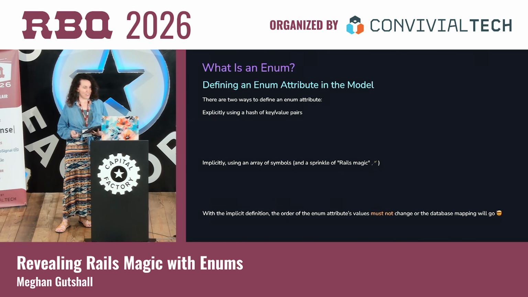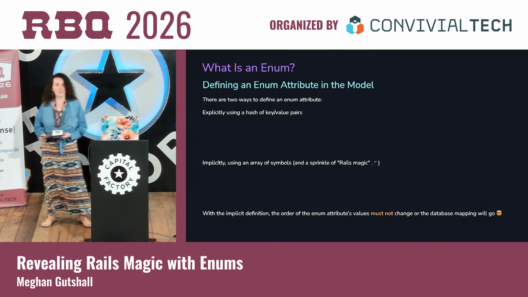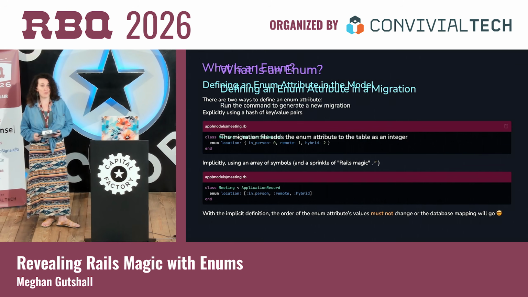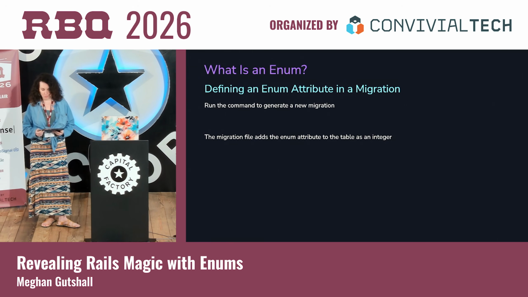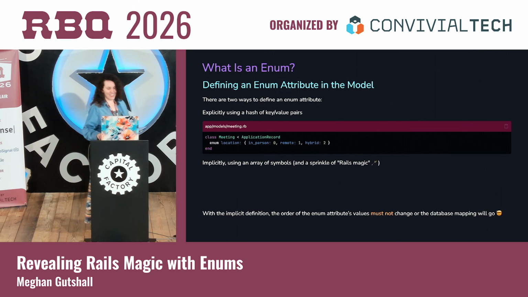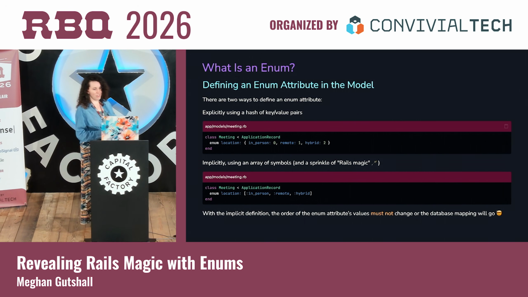All right, so defining an enum attribute in the model. There are 2 ways to define an enum attribute. We can do it explicitly using a hash of key value pairs, or implicitly using an array of symbols.